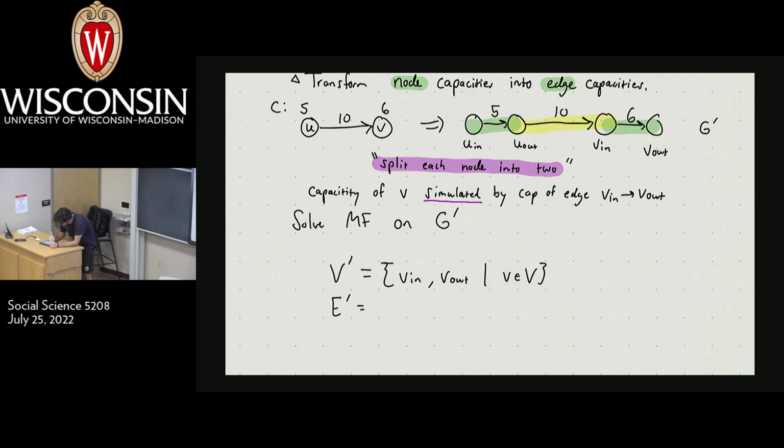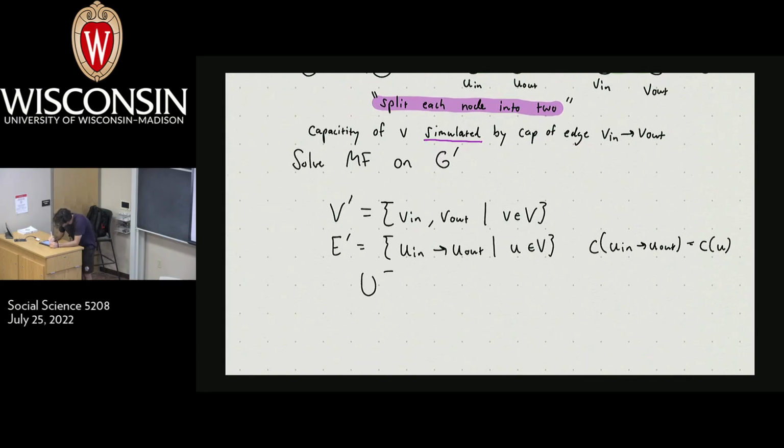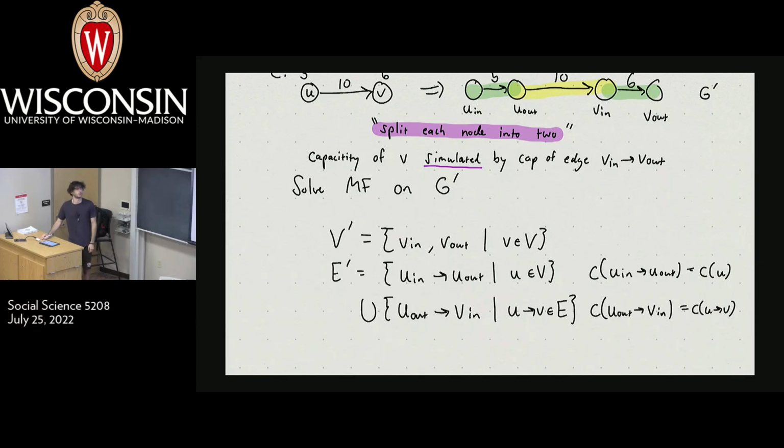You'll have edges consisting of U in to U out for each U in V. The capacity of that U in to U out is going to be the capacity of U. You'll also have edges, which are the original edges, which will be U out to V in. And this is for each original edge, UV in E. And the capacity is going to be the same. So that's the full description of this new graph G prime.